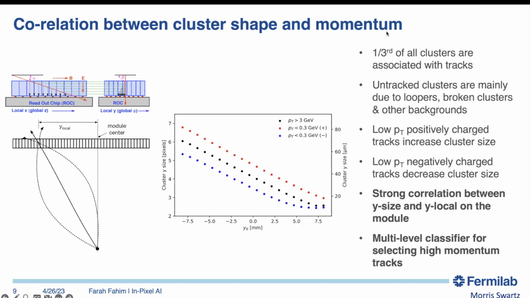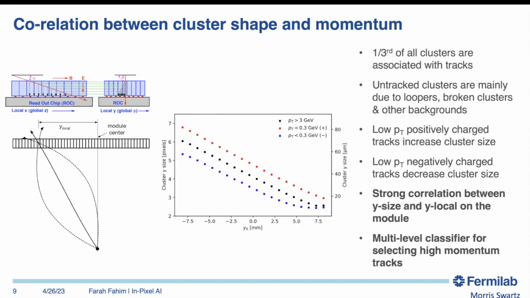And then with this third of the clusters that are associated with tracks, we want to reject 95% of those because they are not associated with high momentum tracks. The untracked clusters are mainly due to loopers and broken clusters and other backgrounds. And most of this data associated with untracked clusters is generated from actual data that we are getting from run-2.